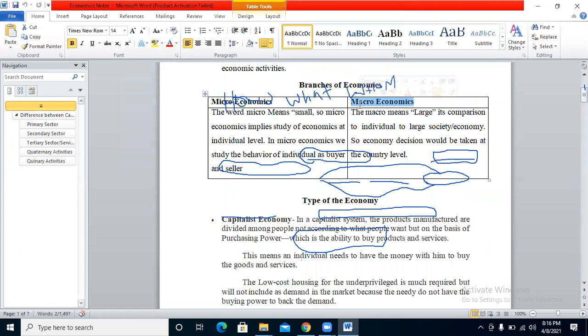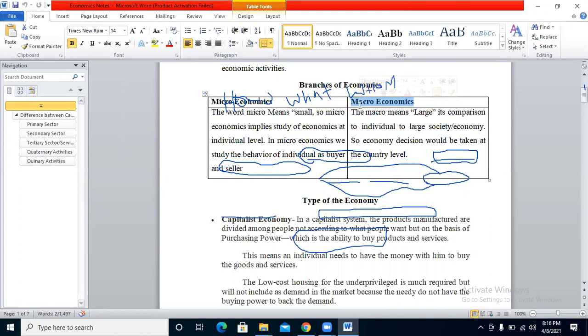I'm just giving one example. If any individual in the classroom has very poor performance, or extraordinary performance, but the overall performance of the classroom is average, then the individual performance in the classroom is called microeconomics.